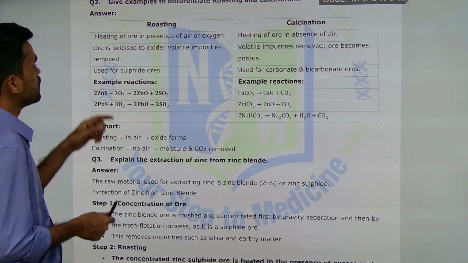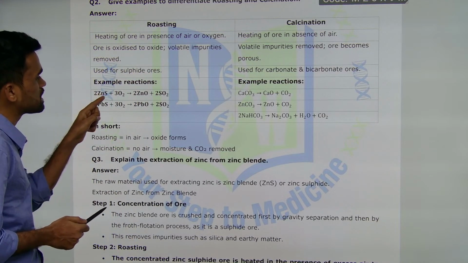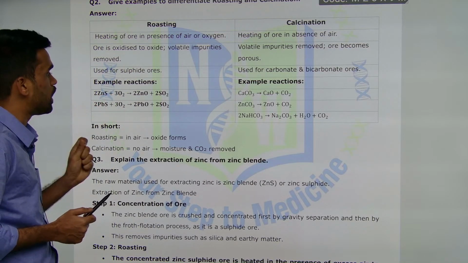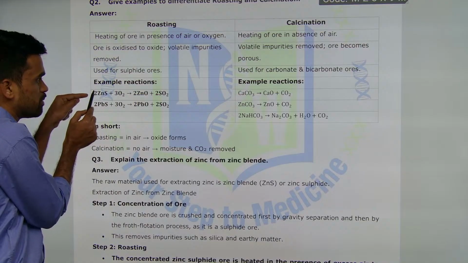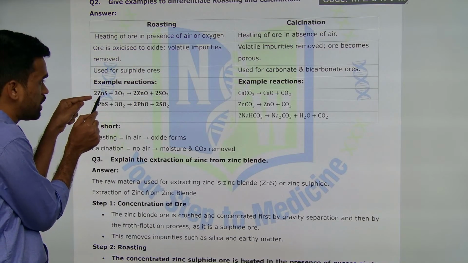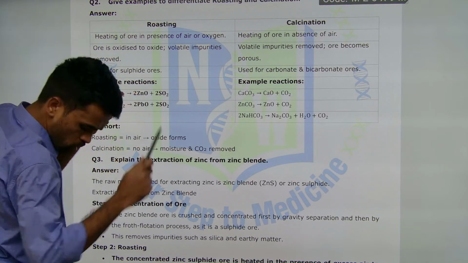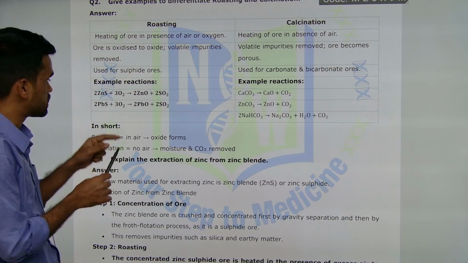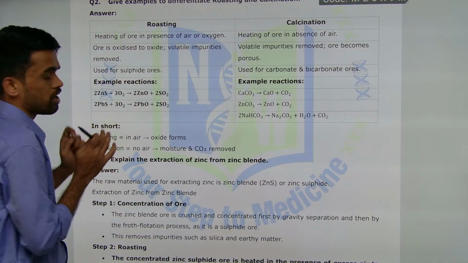So now see here we have zinc sulfide. Zinc sulfide is heated with oxygen. Now what happens? Whatever the zinc metal is there in the zinc sulfide, that will be converted into its respective oxide form. See, zinc sulfide converting into zinc oxide, lead sulfide converting into lead oxide, like this.